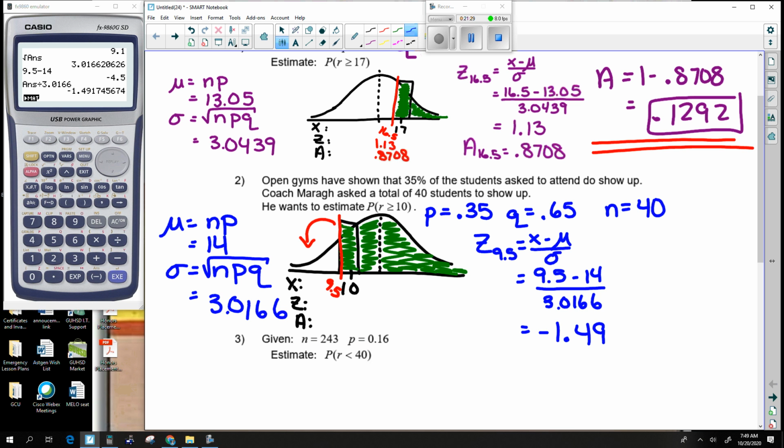Okay, so I have that z-score right there. Let me kind of get myself some working area here.